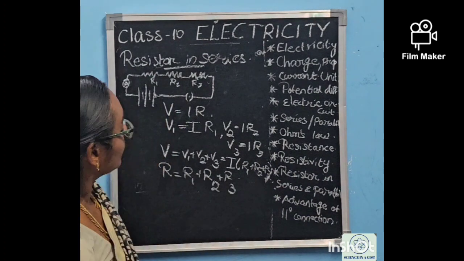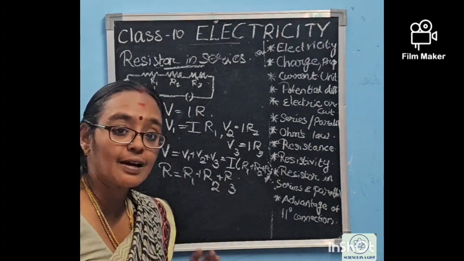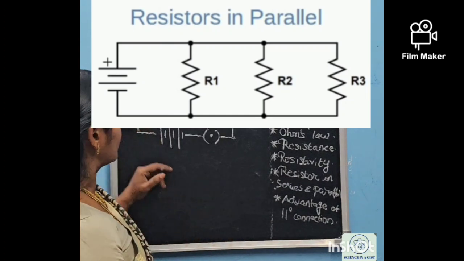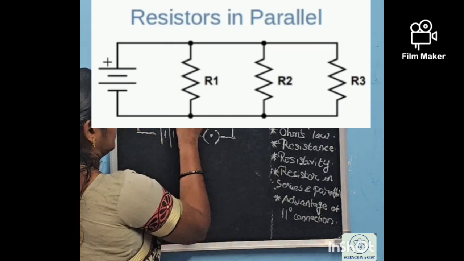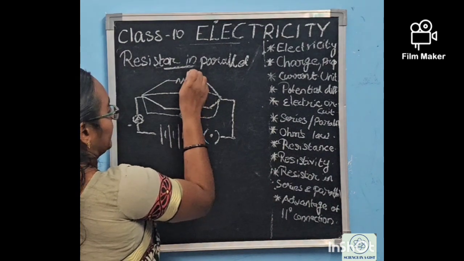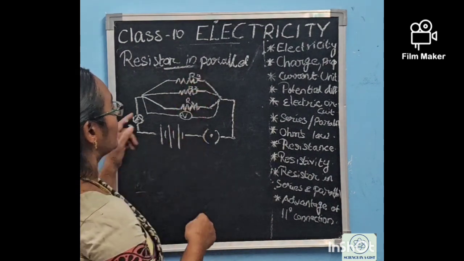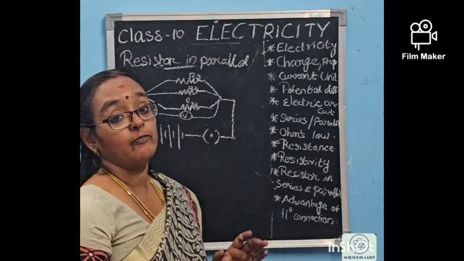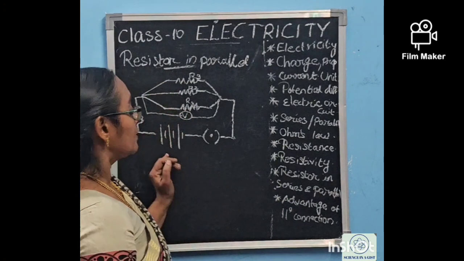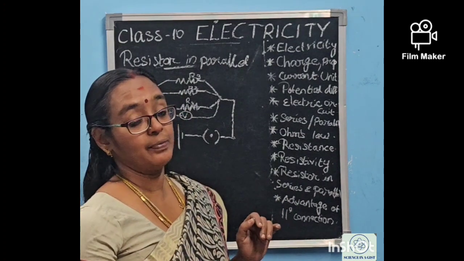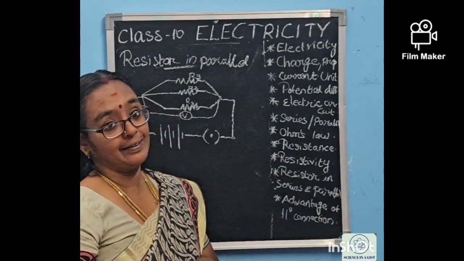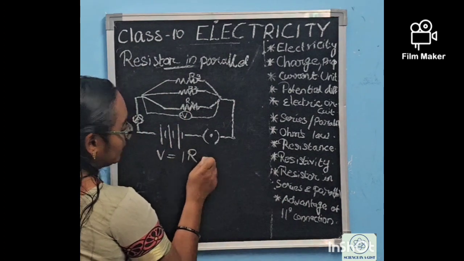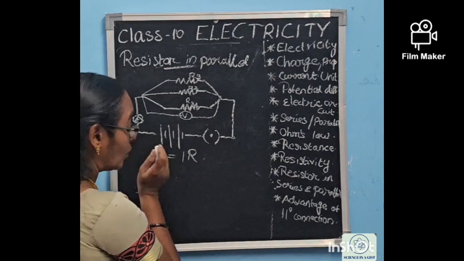Then we are going to see the resistors when they are connected in parallel. Here, this is the parallel connection. In this parallel connection, three resistors, R1, R2 and R3, are connected in the parallel manner. What is the speciality of the connection when it is done in parallel manner? Here, the voltage remains the same, but the current will be varying. The similar equation, V is equal to IR. But here, current is varying, but the voltage remains same.